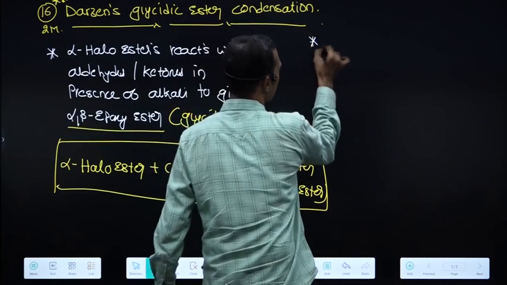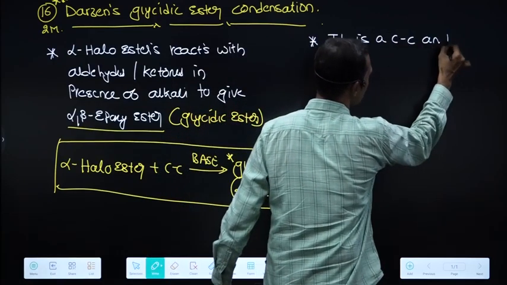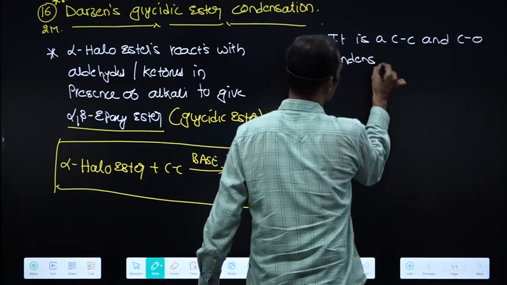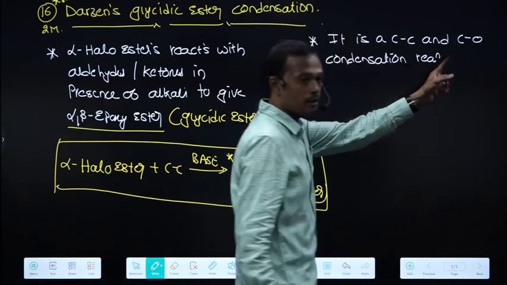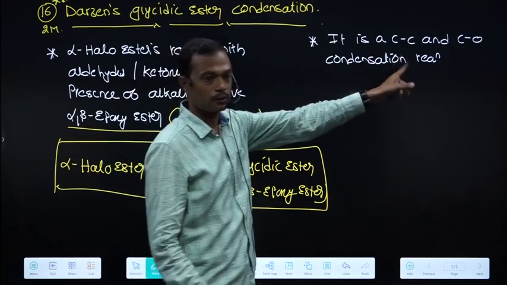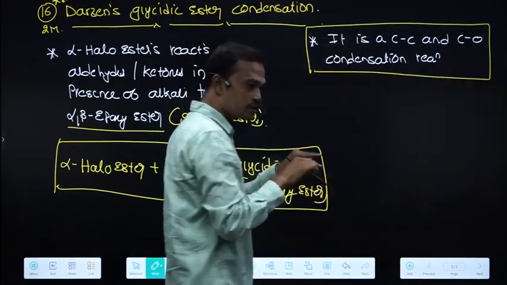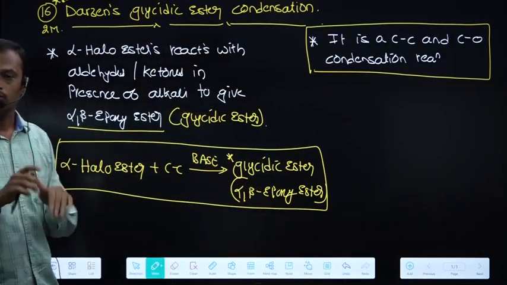Now see, this is a key point in this one, most important point. It is a C-C and C-O condensation reaction. C-C as well as C-O condensation reaction. This is a point repeated in many entrances. Only this point. Normally if you see other reactions, only C-C condensation, otherwise dehydration. C-C condensation followed by elimination.